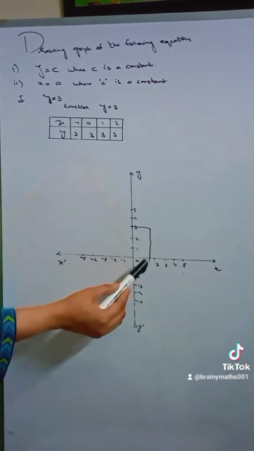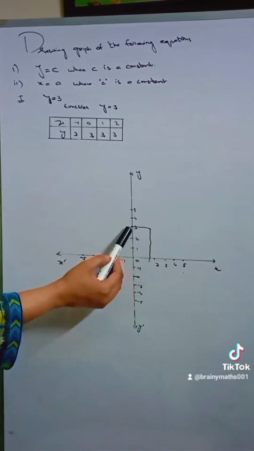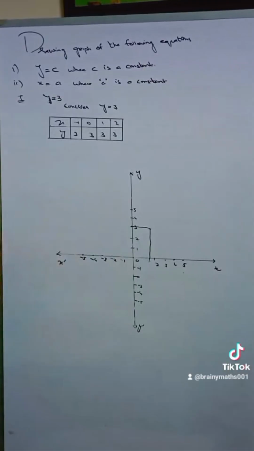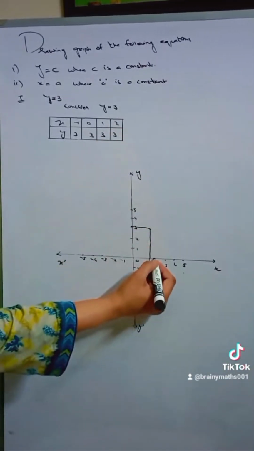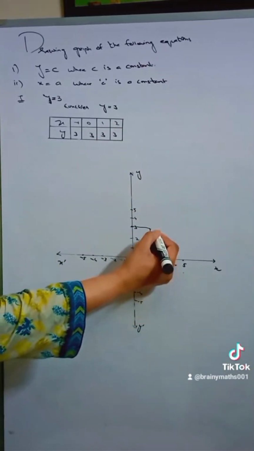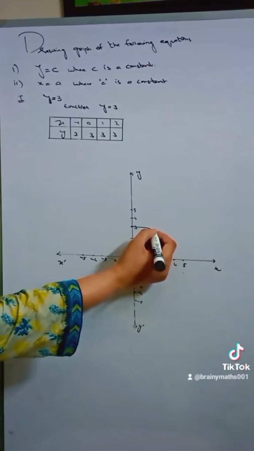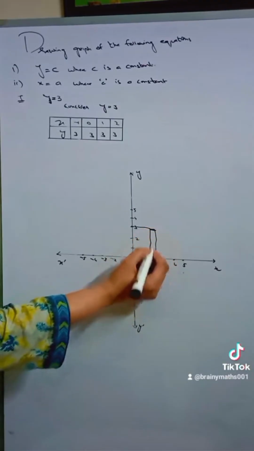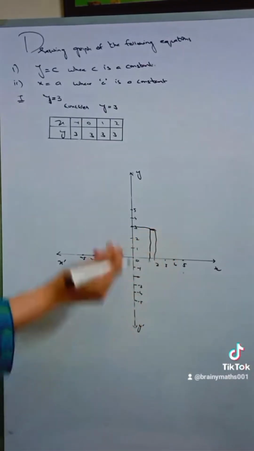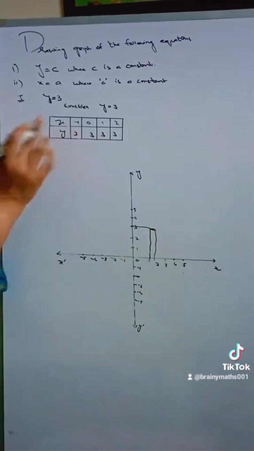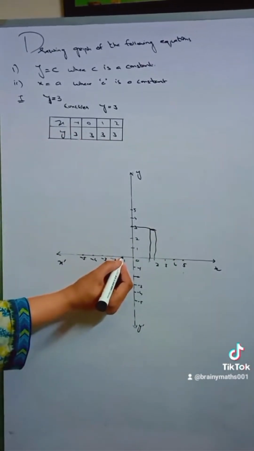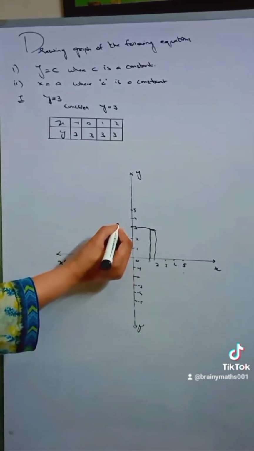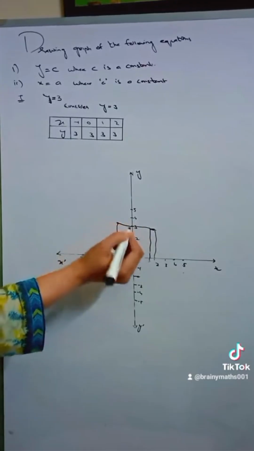On 1, if x is 1, then y will be 3. If x is 2, then y will again be 3. So it must be like that. We will join those points. Now if x is minus 1, then y is 3, then it will be like that. So this point is like that.